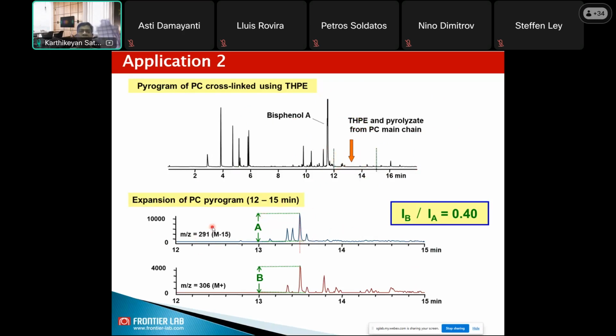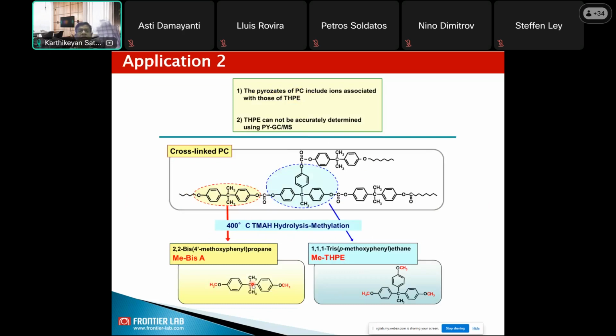When we look at the extracted ion chromatogram of THPE, and also the monomer of this polycarbonate, we can see a peak. But the problem is this shows the presence of both ions, which means we cannot confirm this is coming only from THPE. So in this case, we considered the reactive pyrolysis approach. As a limitation of flash pyrolysis, the pyrolysis of polycarbonate includes ions associated with those of THPE together with PC.